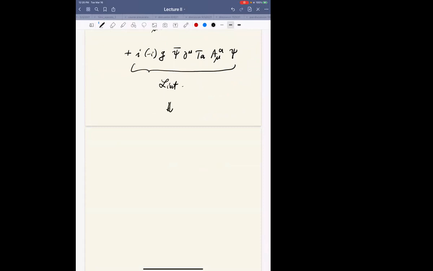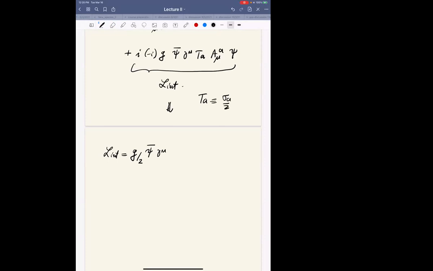So I get that interaction Lagrangian. You see there is g, there is no g over square root of 2. It looks like this: psi bar gamma mu. You know the Pauli matrices, so I can immediately write it, with a 1/2 coming out. T A is sigma A over 2.